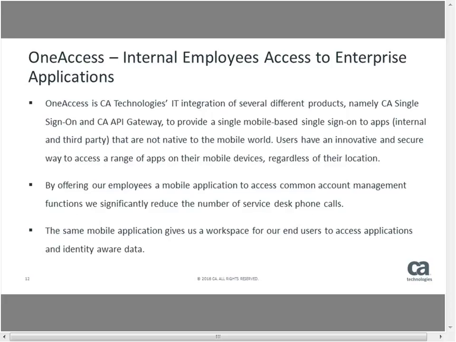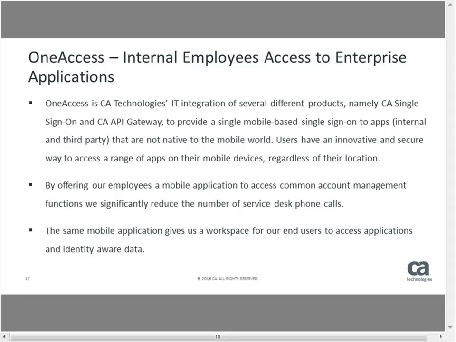in the legacy world, these things work great on the desktop. As we moved into mobile, with lots of folks in the mobile space, we saw a need to enable mobile single sign-on for users with iPads, iPhones, Android. So what we built is a portal, and the portal displays a workspace.